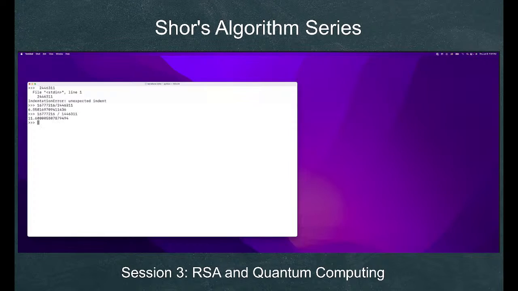So this will then become 1 over 11 plus, what's the remainder? The remainder is this one here, 867795 over 1446311. What's the next step?